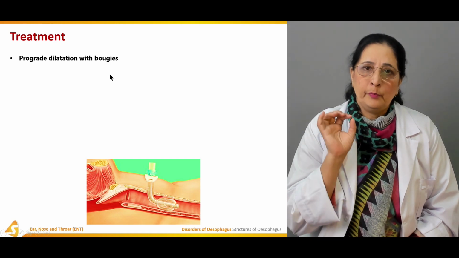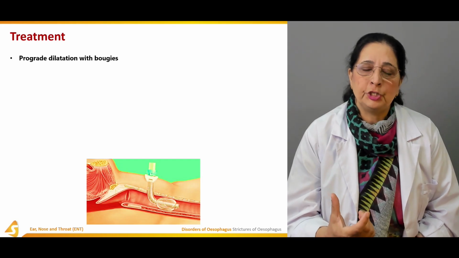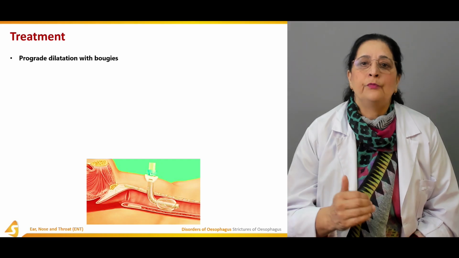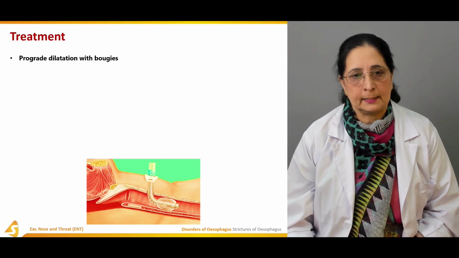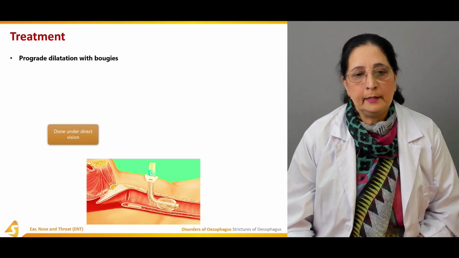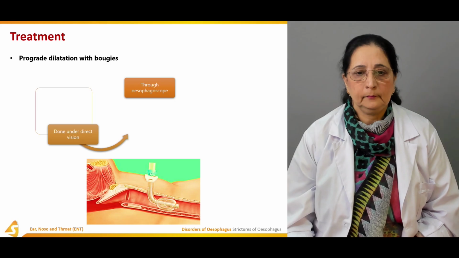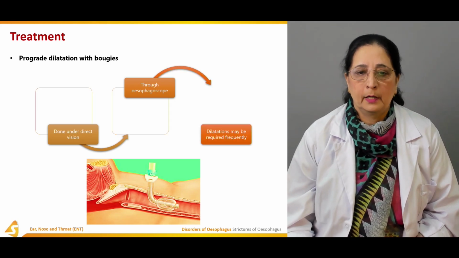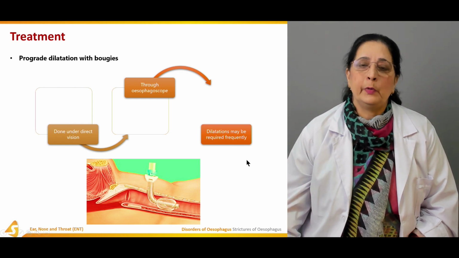Bougies are inserted to dilate the strictures and create an opening so food can pass through the esophagus. It is done under direct vision through an esophagoscope, and dilatation may be required frequently.